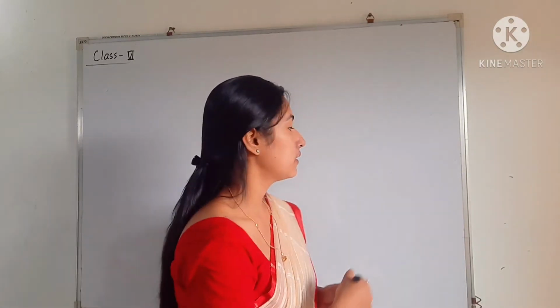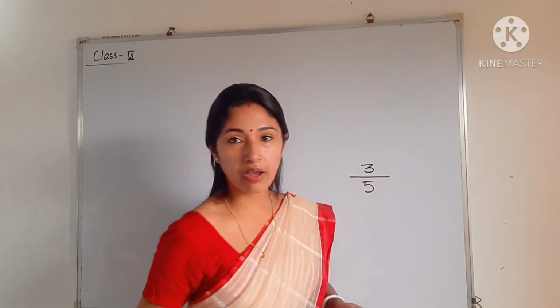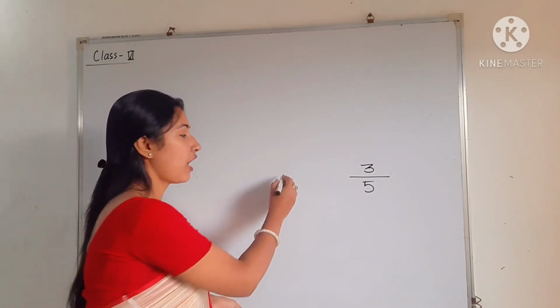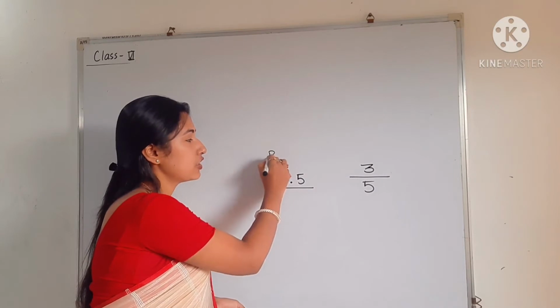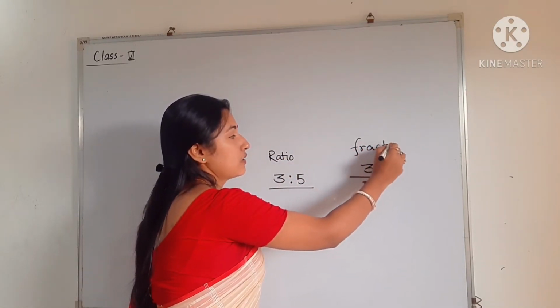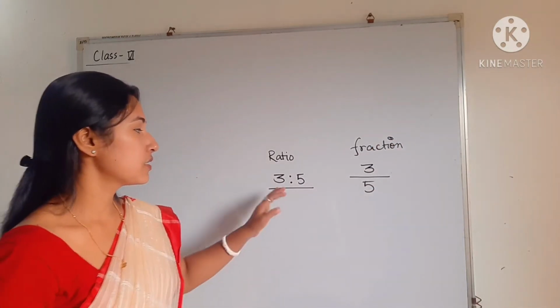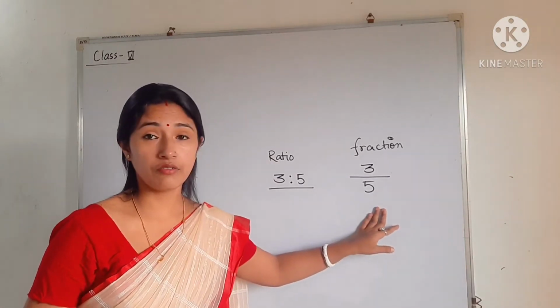Suppose I write the fraction 3 by 5. While writing in terms of ratio, we write 3 is to 5. This is in ratio and this is in fraction. Just remember these things. They are both the same, only the representation is different.